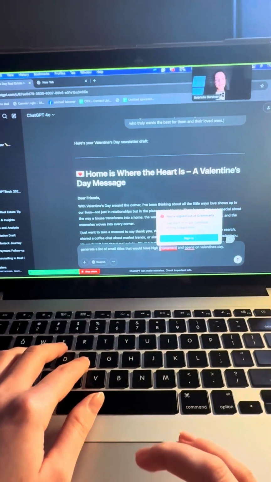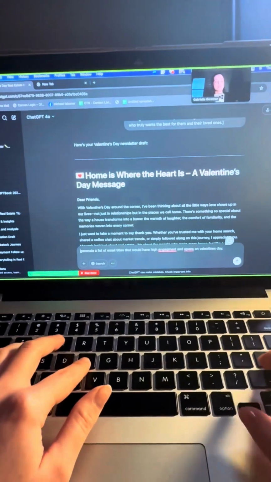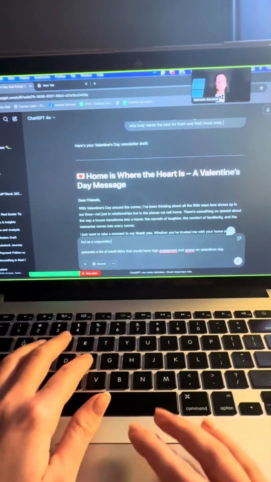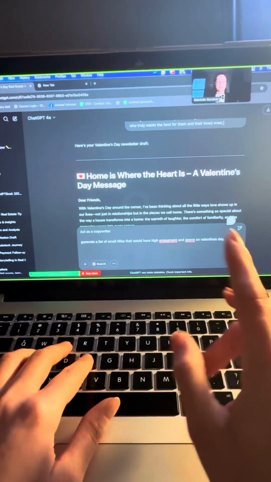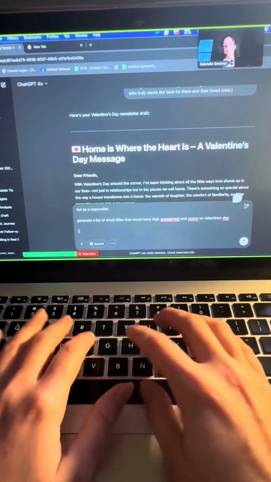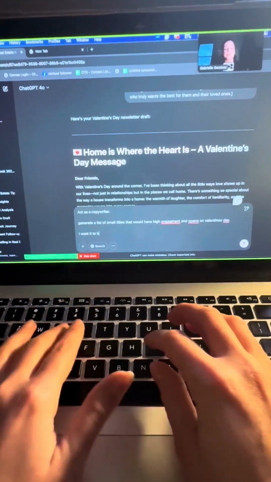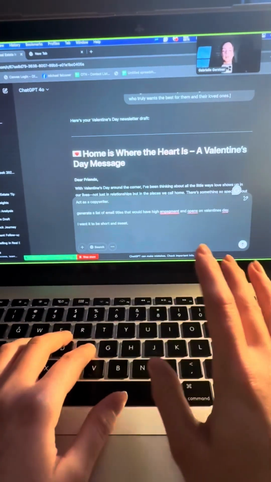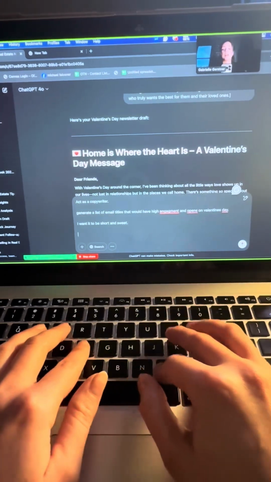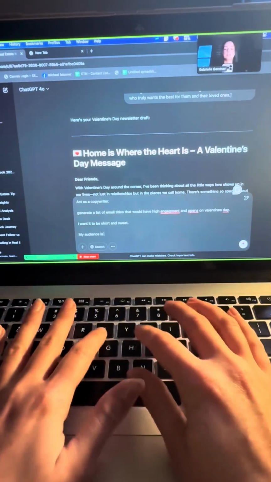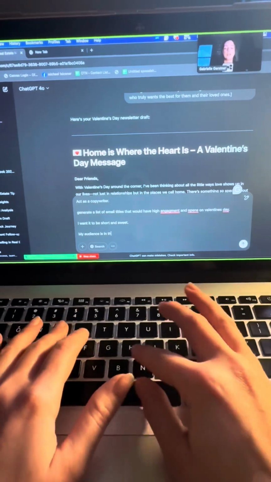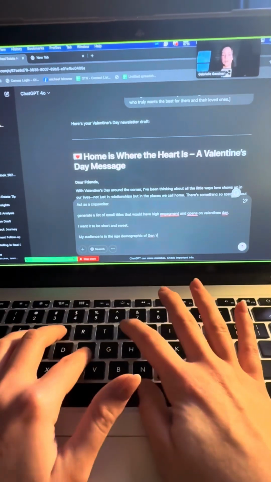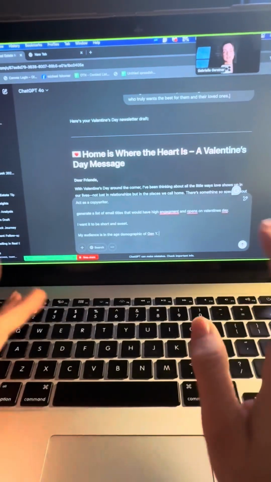And my prompting is never the exact same, but I always race. So I'm going to say act as a copywriter. And for my context, say that I want it to be short and sweet. And then my expectation is my audience is in the age demographic of Gen Y. So last time I said Gen X, this time we're gonna say Gen Y.